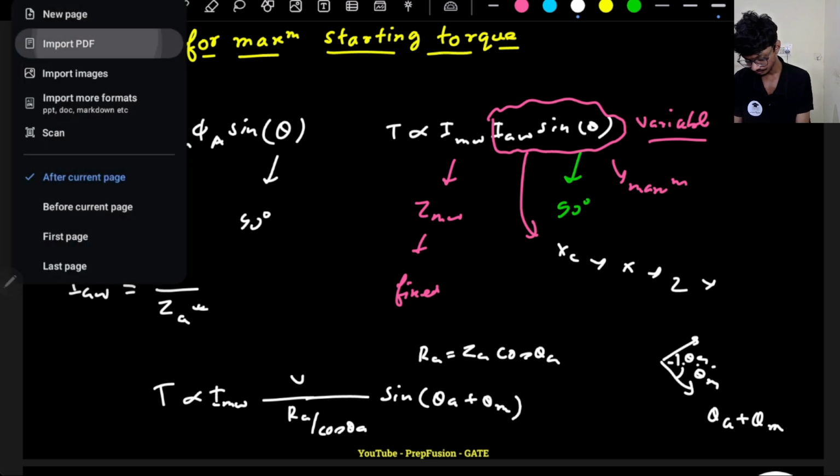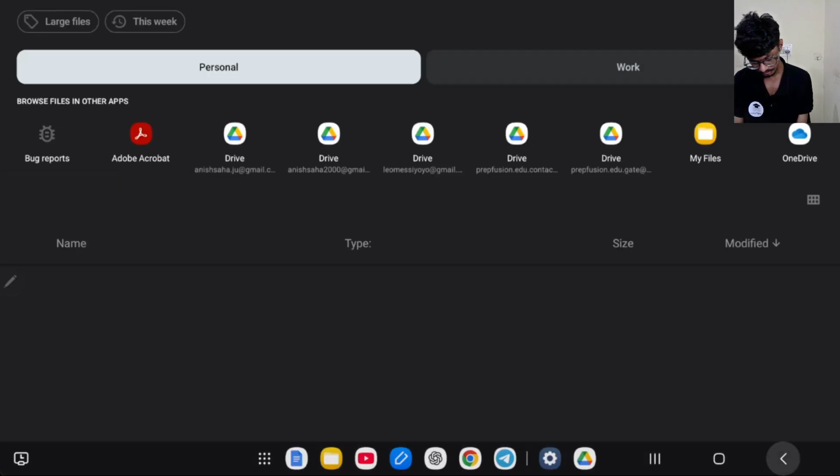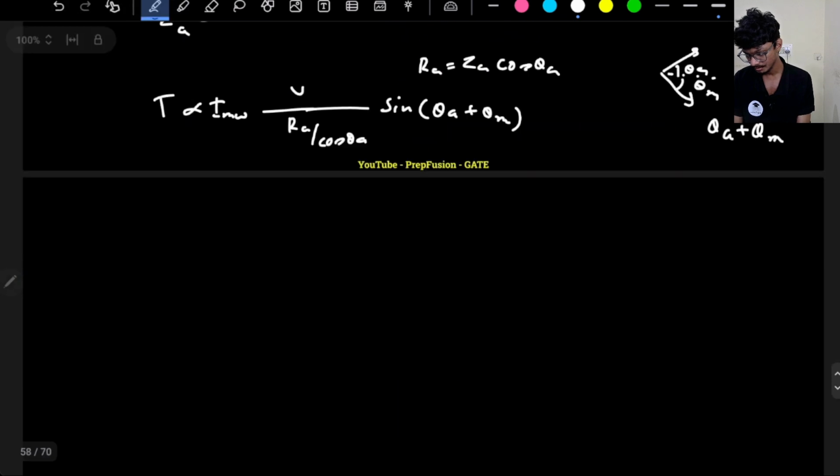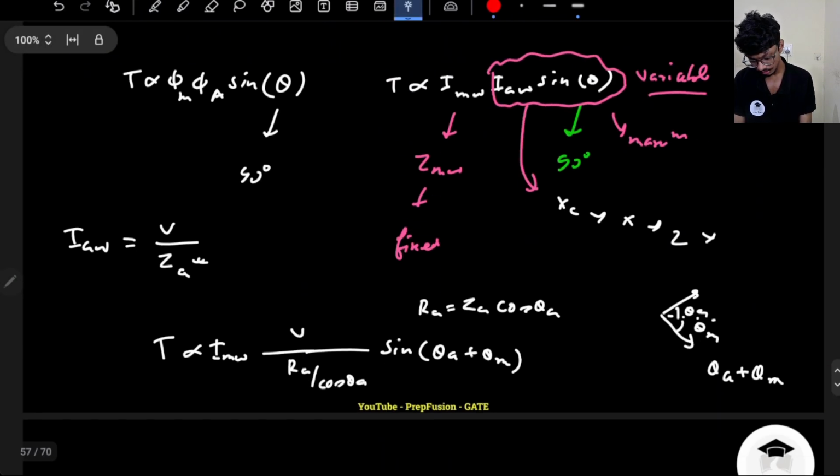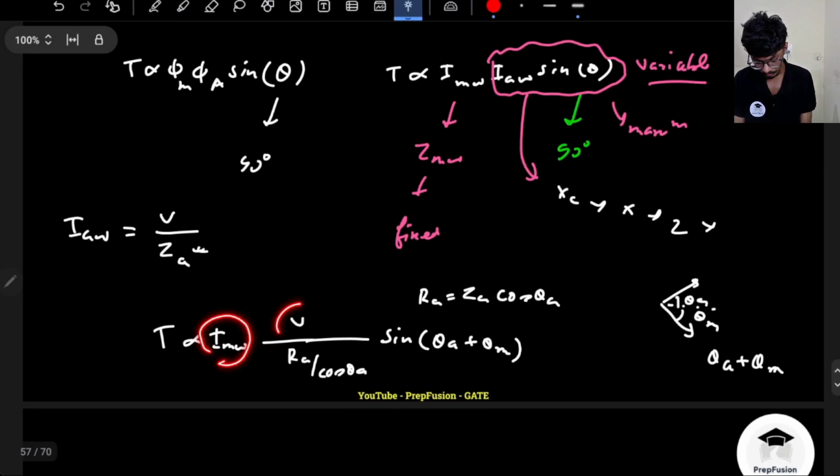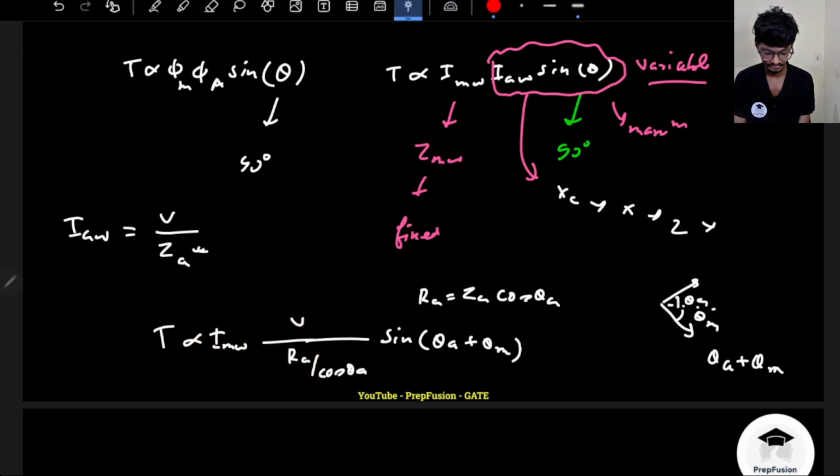Now remember that I_MW, V, R_A are fixed. The winding resistance in the auxiliary winding is fixed. I'm not changing it.